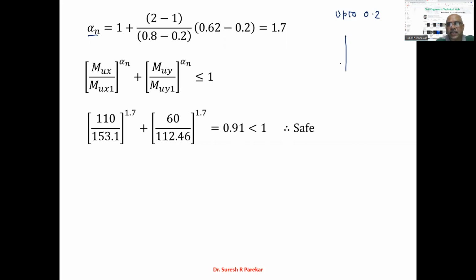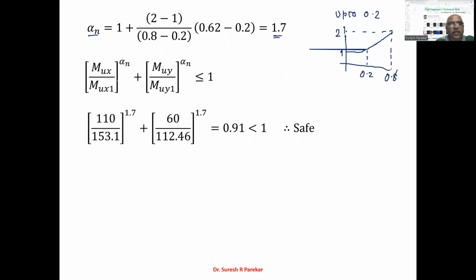If I draw this diagram, then for 0.2 this value is 1, then this value increases, and that value gives us 2, where we have 0.8, and this value we have 0.2. From this, we are in a position to interpolate, which gives us the value 1.7.